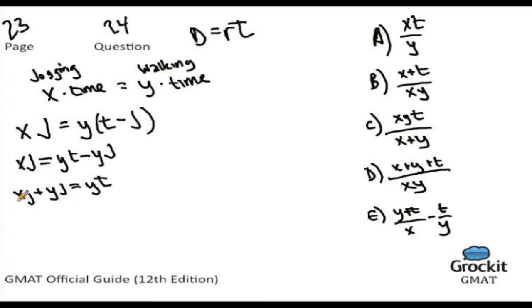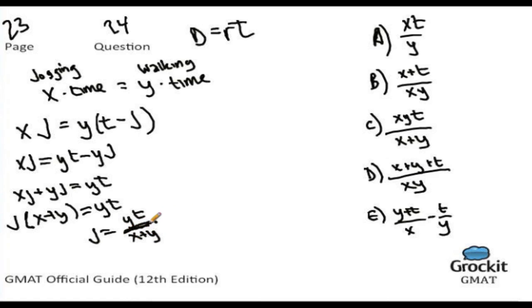We can factor out the j times x plus y equals yt. And then we can figure out that his jogging time on its own, j, equals yt divided by x plus y. Of course, that's not the answer we're actually looking for.